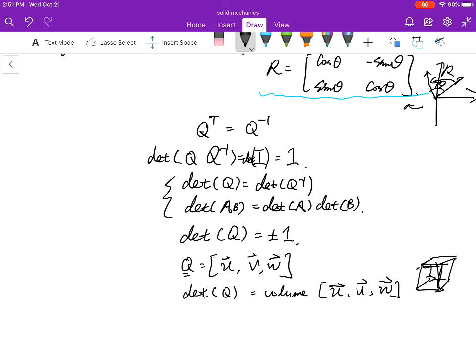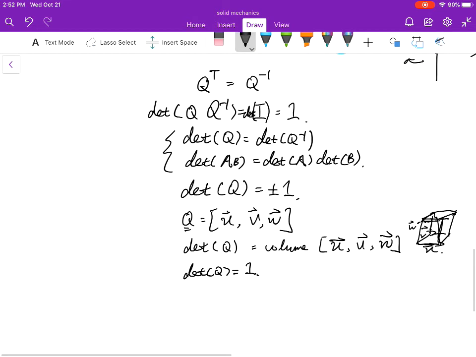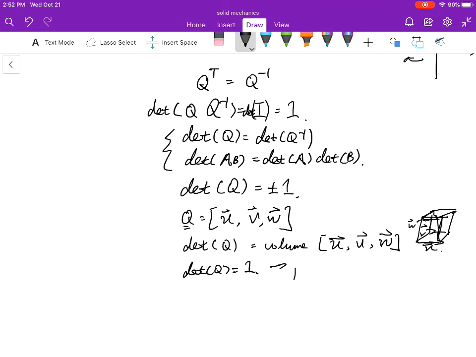Because of this, the determinant of Q must be positive 1 if this is a proper rotation.